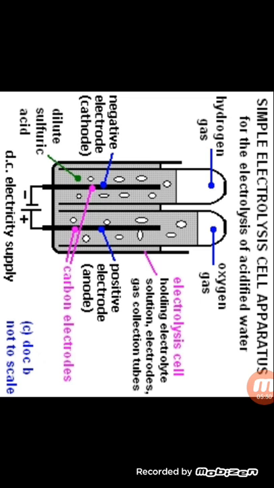Here we have taken carbon rod as an electrode. When the current is passed, the ions in the electrolyte move towards the electrodes. Cations, that is the positive charges, move towards the cathode, that is the negative electrode, and anions, that is the negative charges, move towards the anode, that is the positive electrode.